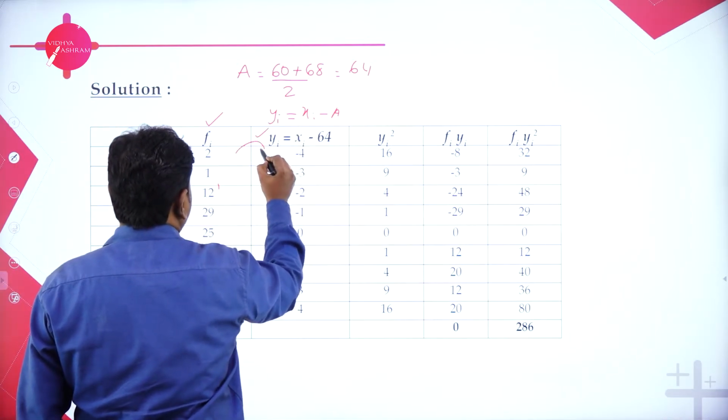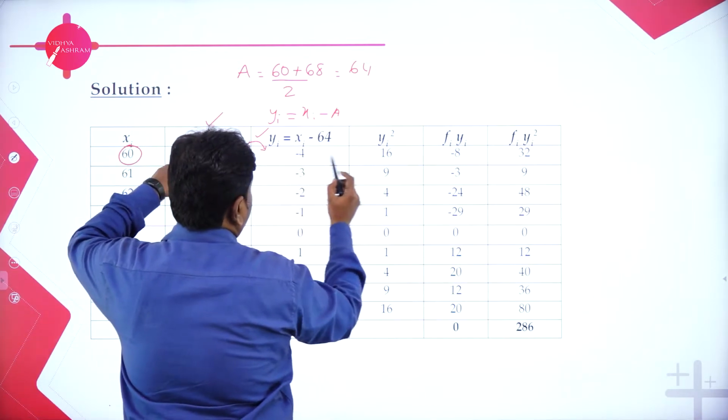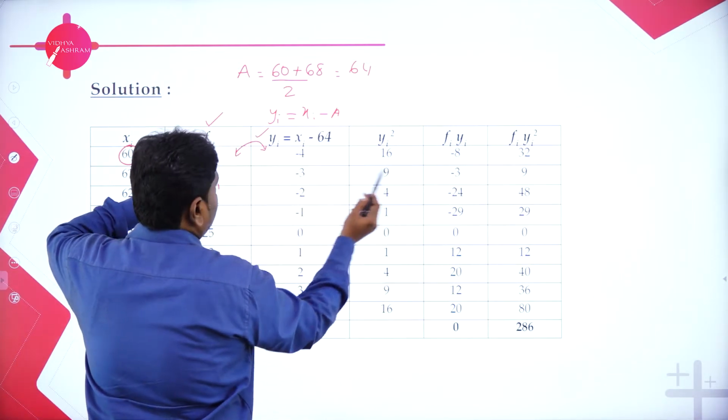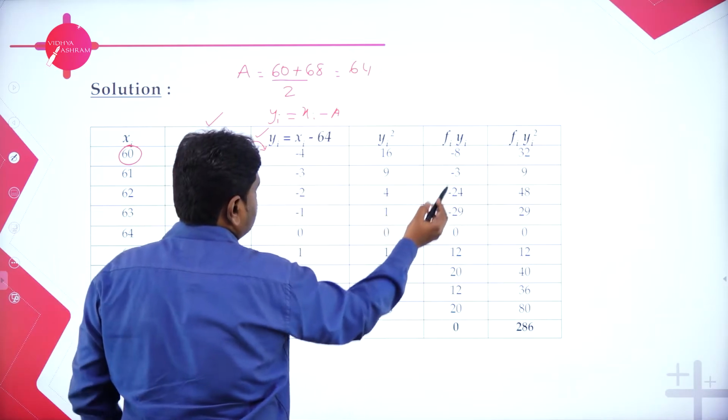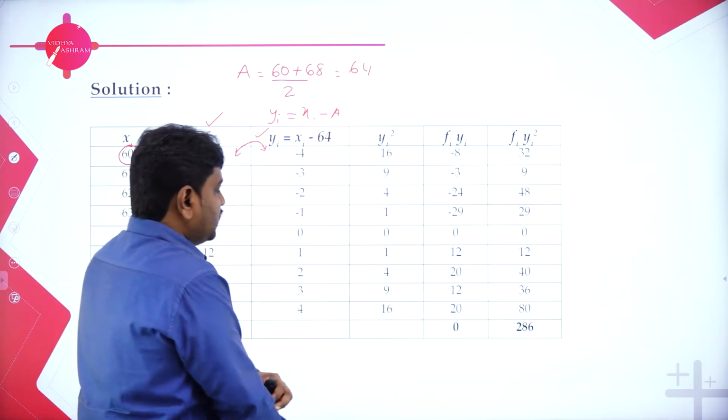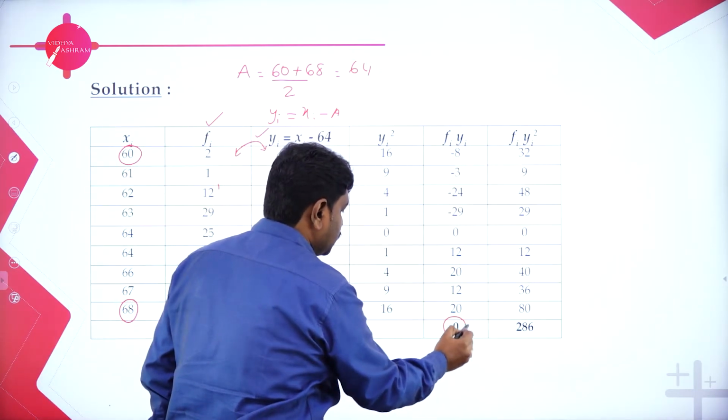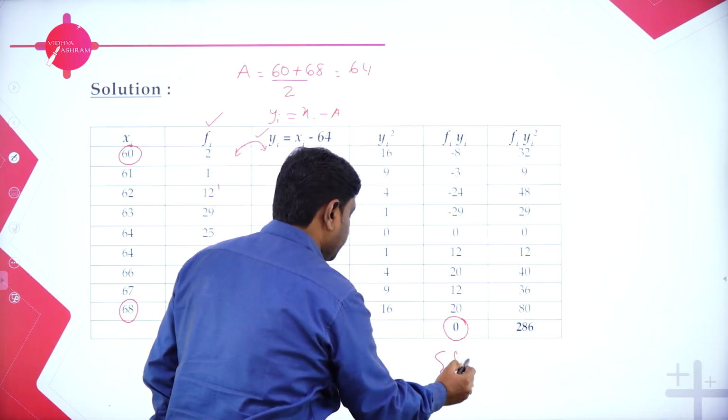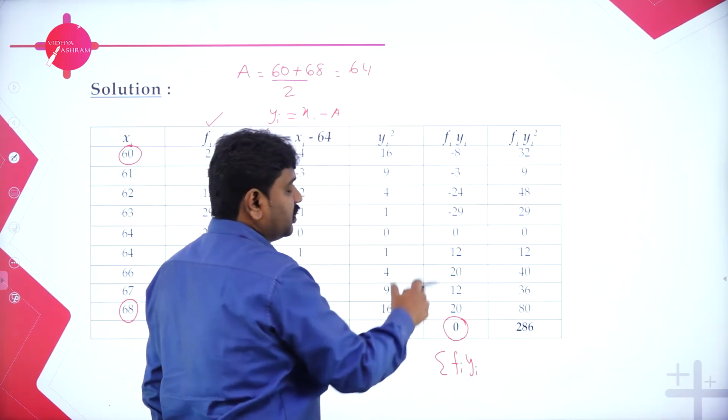Multiply these two columns: minus 2 into minus 4, minus 8, 1 into minus 3, minus 3, 12 into minus 2, minus 24, like that you fill this and add this. You will get sigma fi yi value, that becomes 0 in this case.